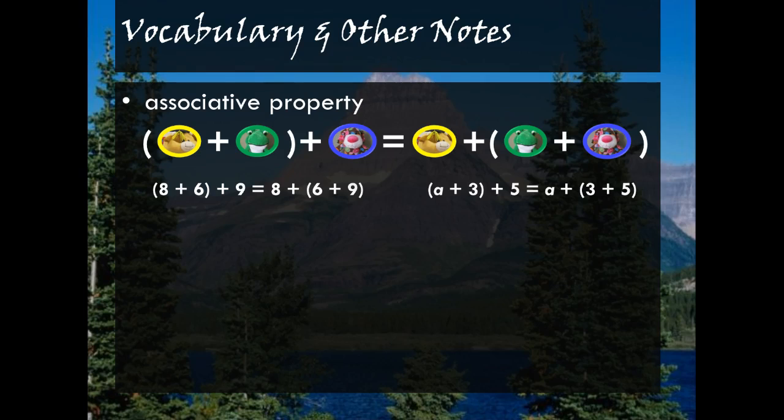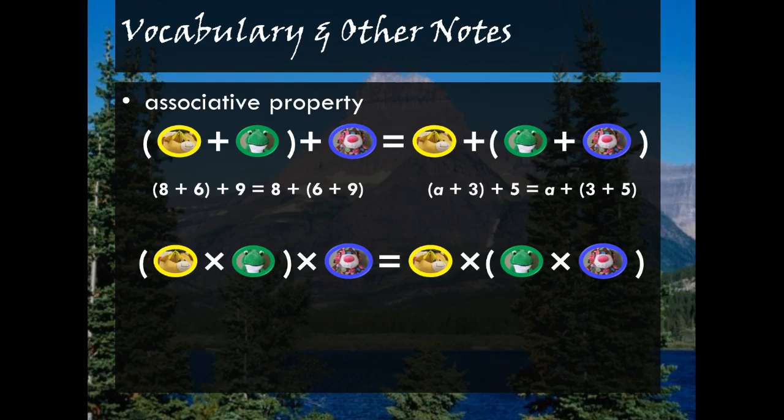Once we know what a is and can plug it in, we would get the same value either way you approach the problem. This also applies to multiplication. When we have all multiplication, it doesn't matter how we group the numbers to multiply them. This will also apply to algebraic expressions.